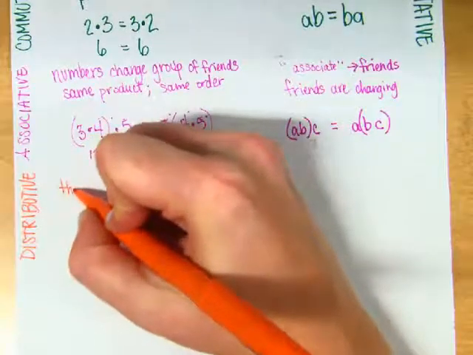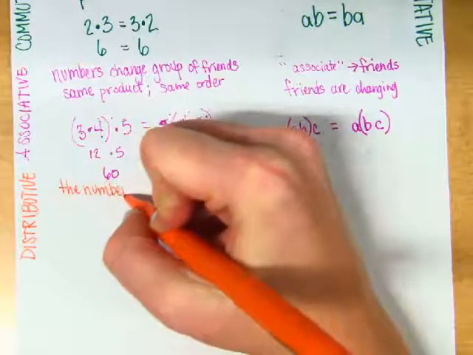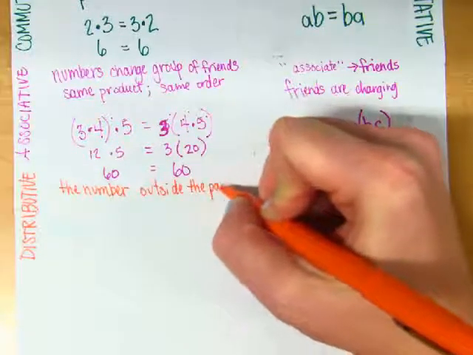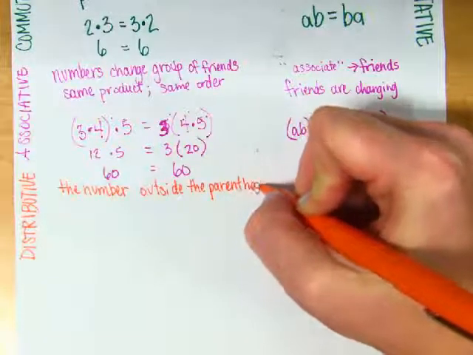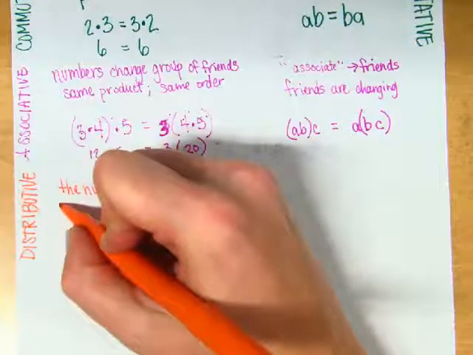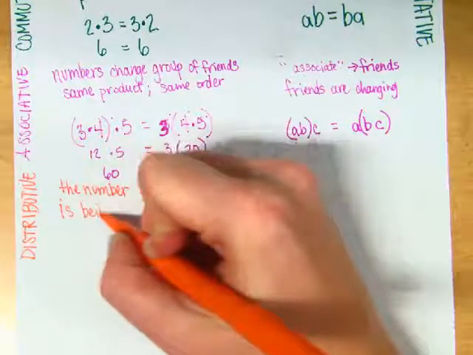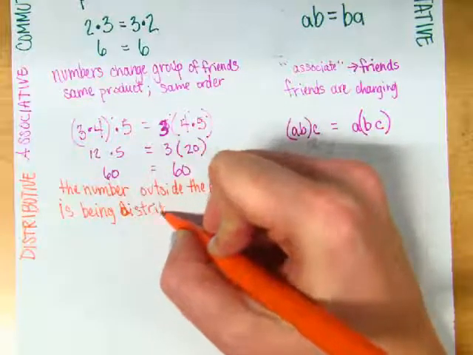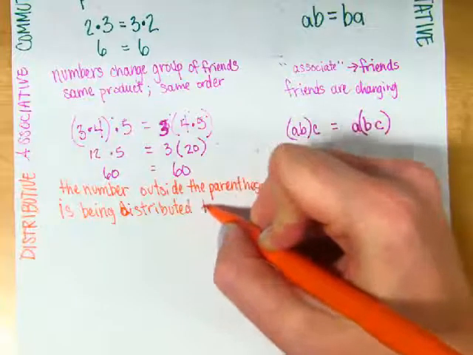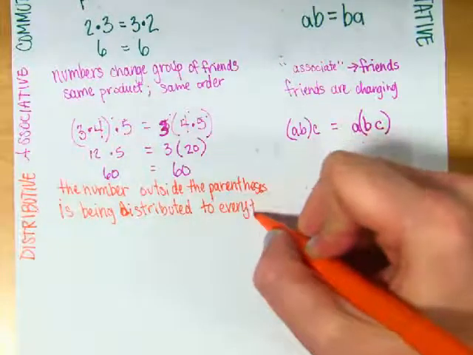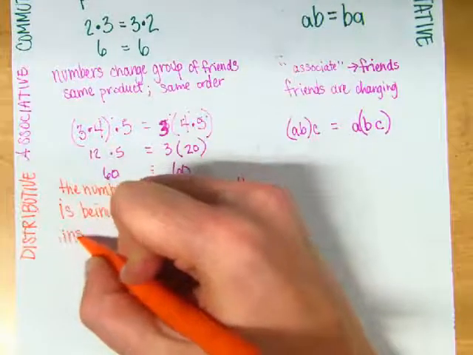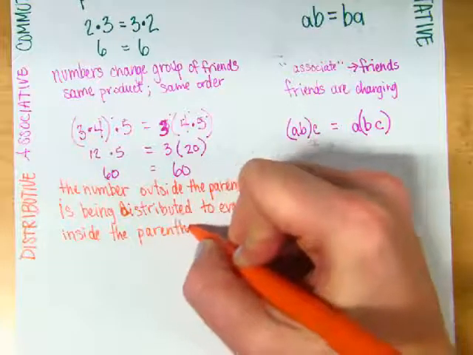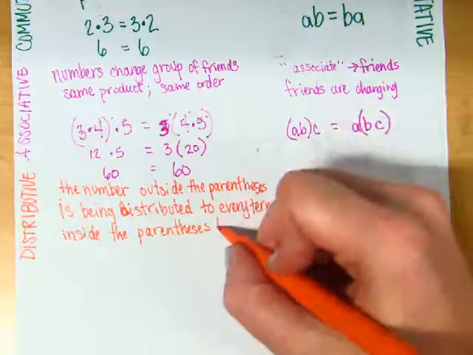It is the number outside the parentheses is being distributed to every term inside the parentheses by multiplication.